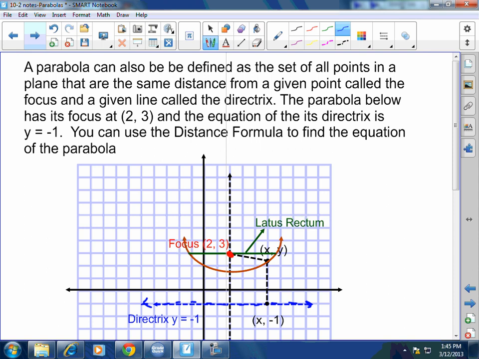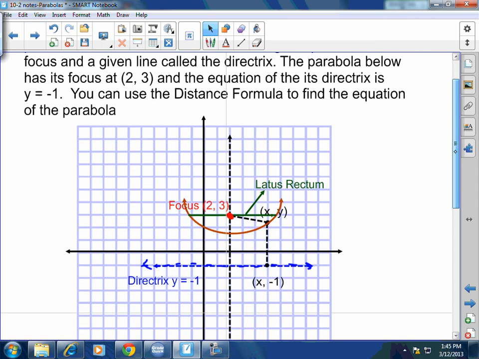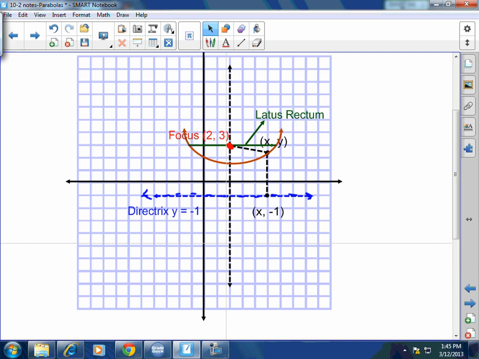What they're saying, and this is what happens in parabolas, is that the distance from any point on the directrix to a point on the graph will be the same as the distance from that point on the graph to my focus. If I have a point here, the distance from that point to the focus will equal the distance from that point to the directrix.